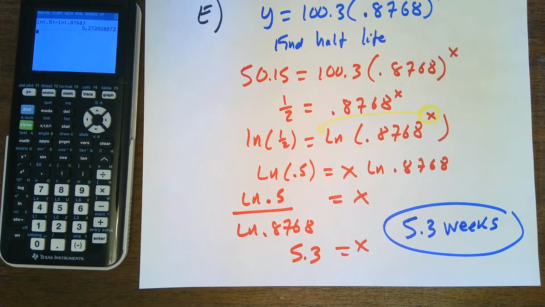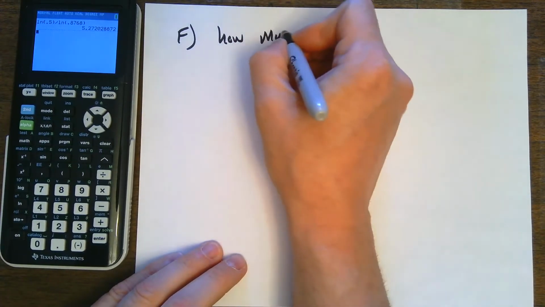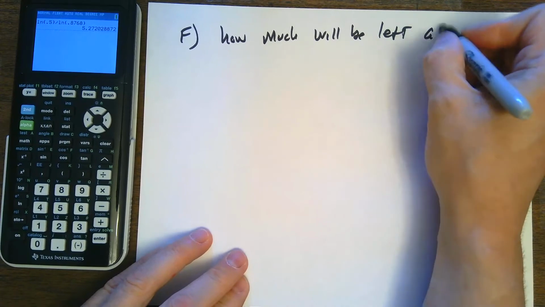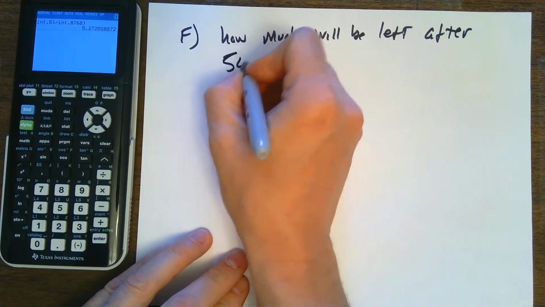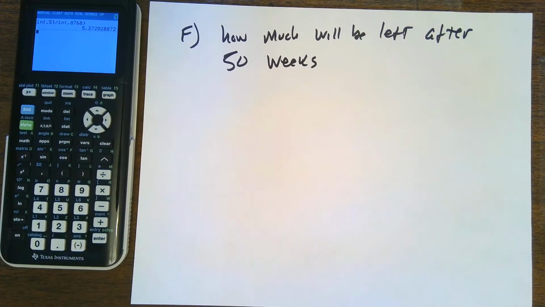All right, and then finally, part F, how much radioactive material will be left after 50 weeks? All right, well, I have the formula that I can substitute in.